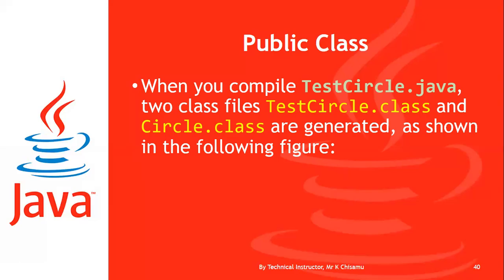But remember, the one that contains the main function is the one that should have the same file name. As you can see here, the TestCircle class contains the main function. Because it contains the main function, the file for this Java class was named TestCircle.java.